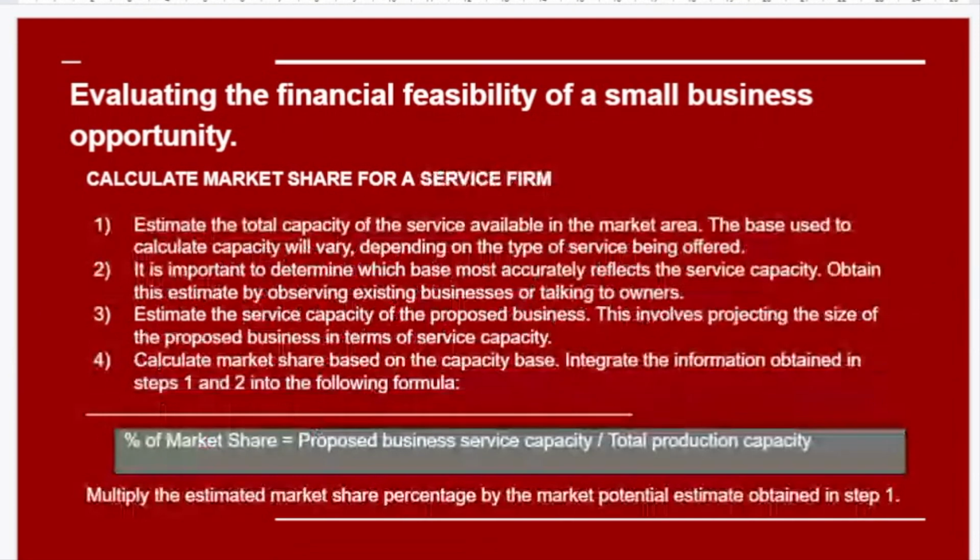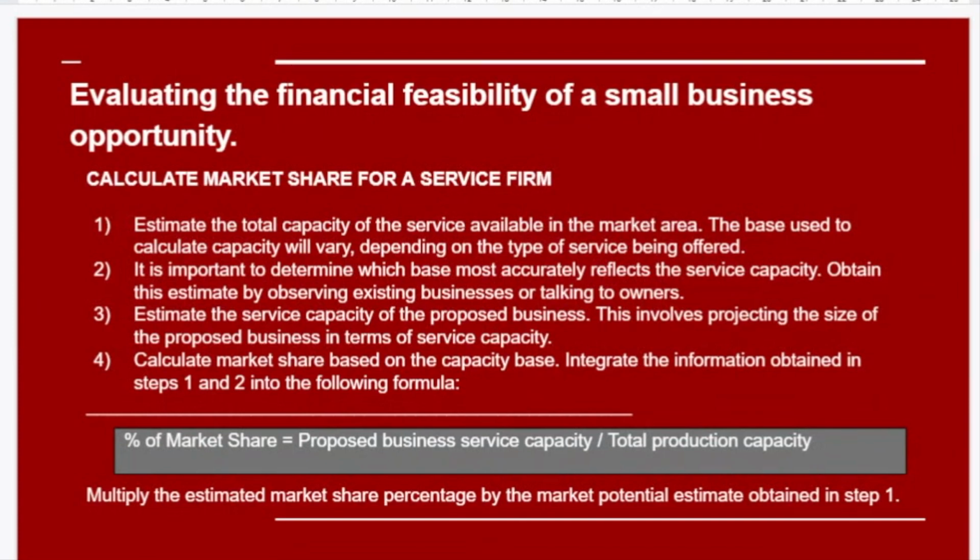Now, a service firm doesn't produce anything. All it does is provide services. So how can we figure out our percentage of the market share for a service firm? Well, there we talk about service capacity: how many customers a day, how many hours, these sorts of things. Capacity can be measured in a number of ways.